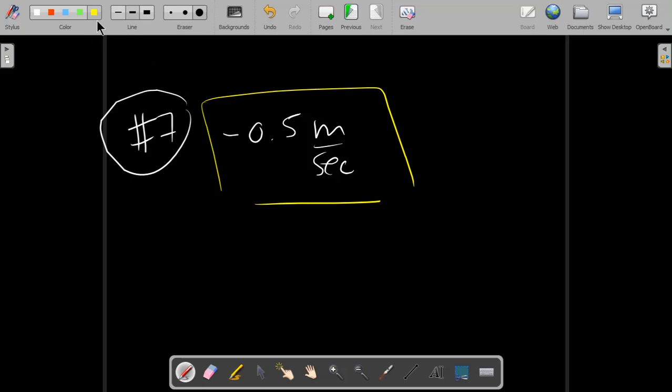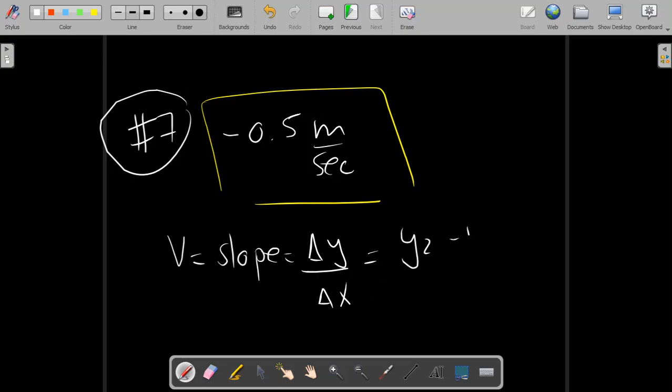But if you didn't get this, check out how it's done. Remember that to calculate the instantaneous velocity at any point, you need 2 points to calculate the slope. Your velocity is your slope. Your slope requires the rise over the run, which means the change in y over the change in x. You need 2 points.